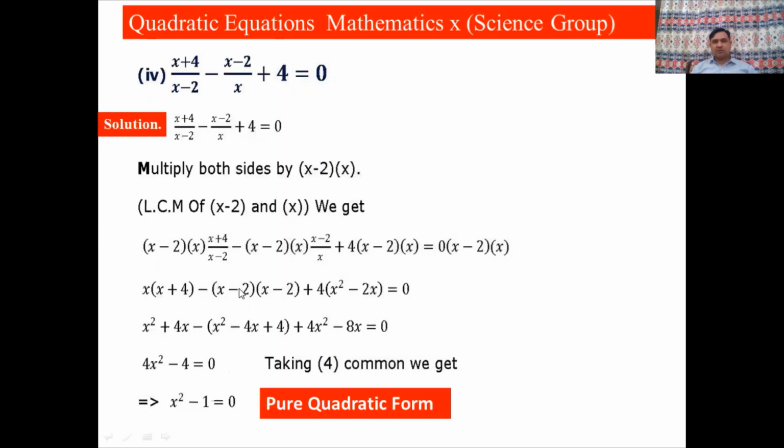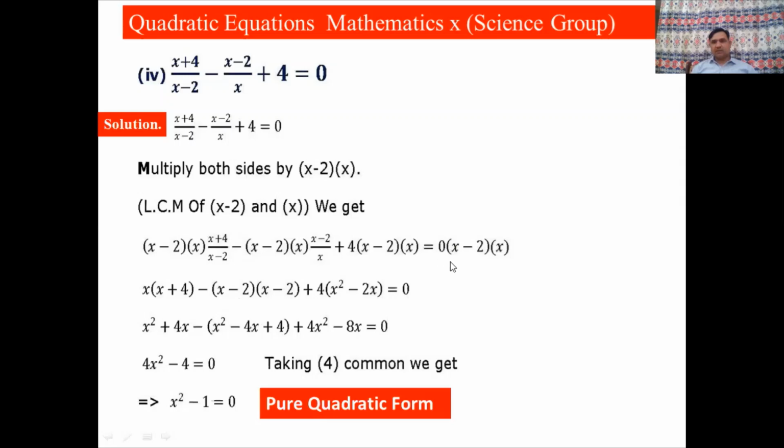When we multiply this minus 2 with this x, we again have minus 2x, so minus 4x in total, and minus 2 multiplied with these two terms gives plus 4x square minus 2x is equal to 0.